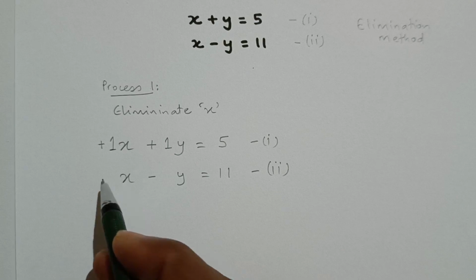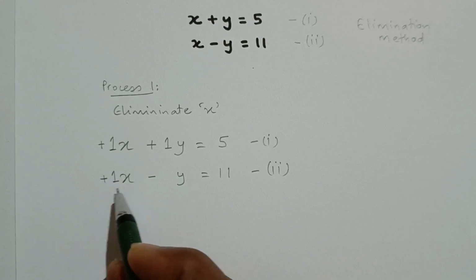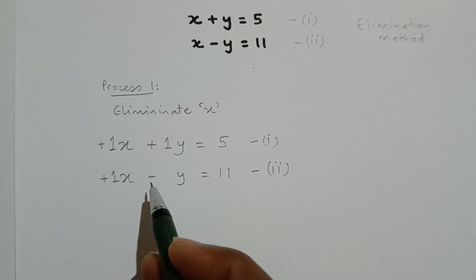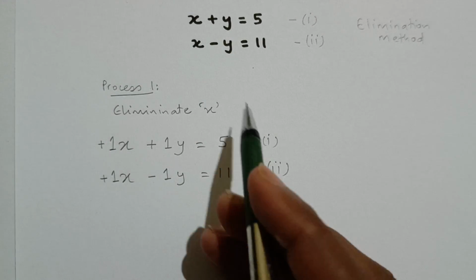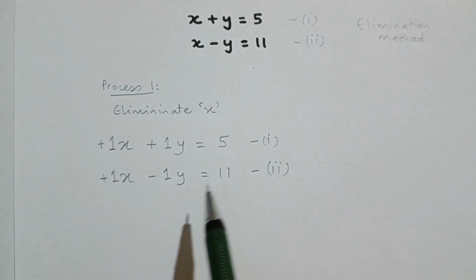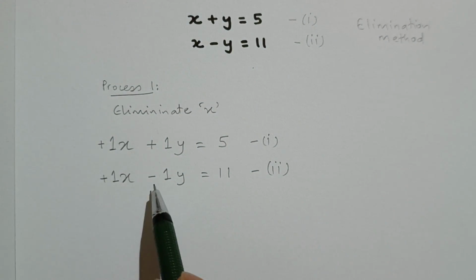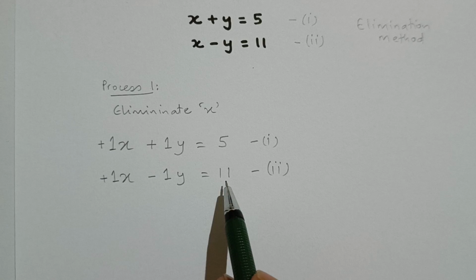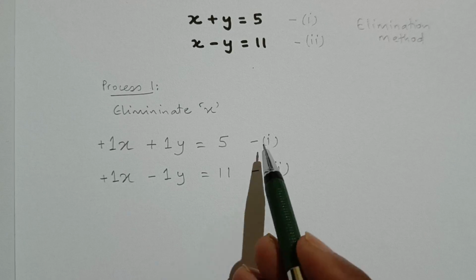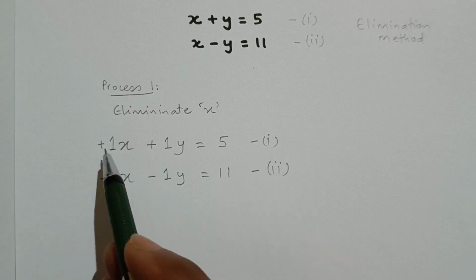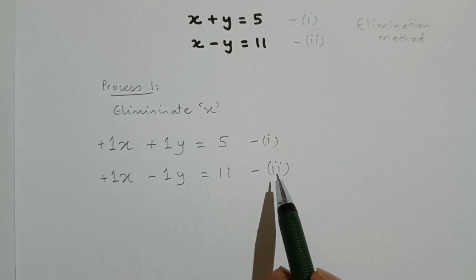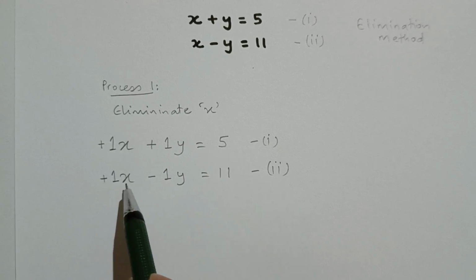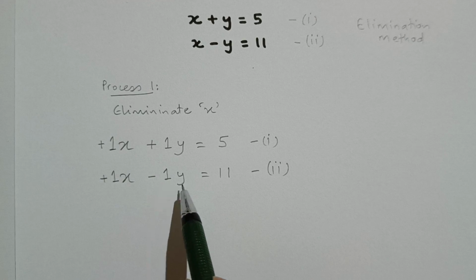So x means plus 1x, and minus y means minus 1y. So x minus y equals to 11 means plus 1x minus 1y equals to 11. So equation number 1 becomes plus 1x plus 1y equals to 5, and equation number 2 becomes plus 1x minus 1y equals to 11.